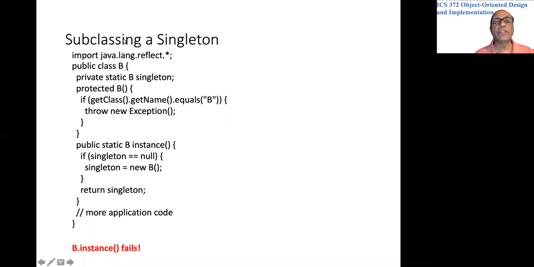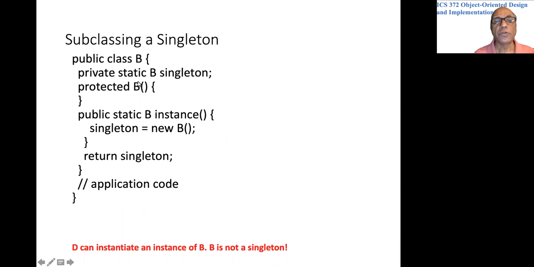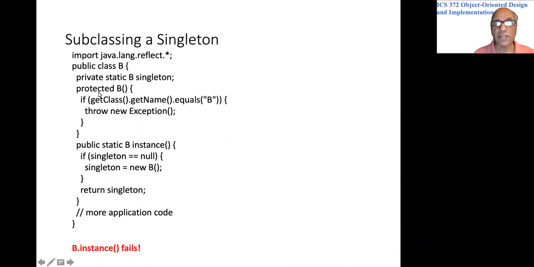So what we try to do is go one step further, and in the protected constructor of the superclass, we check if somebody is trying to create a B object. So here now an object is being created. We check what its type is. Remember runtime type identification? This is called reflection.